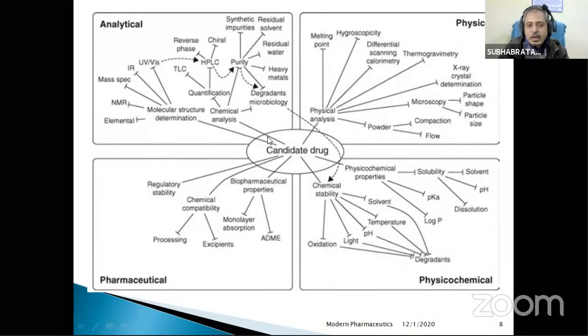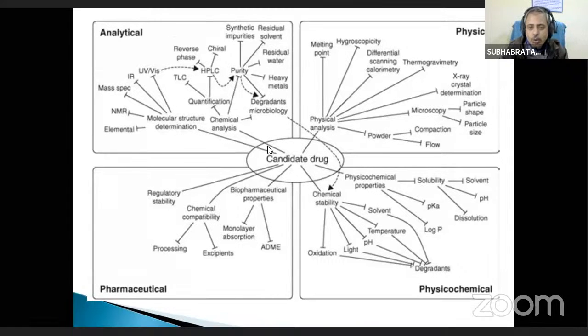So how to do the melting point, what apparatus are available, what precautions need to be taken during the melting point study, all these things need to be understood, because obviously if you are going into an FND, you will need to do this study.